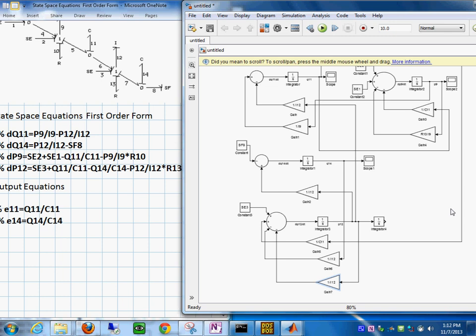Now, what about the output equations? This E11 and the, this is 1 over C11 Q11. I think we have it, that signal here. Right there is, this in fact is that signal right here.